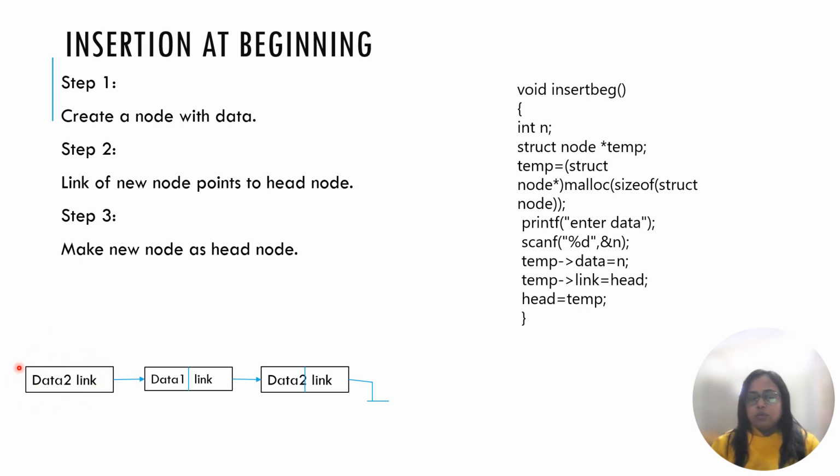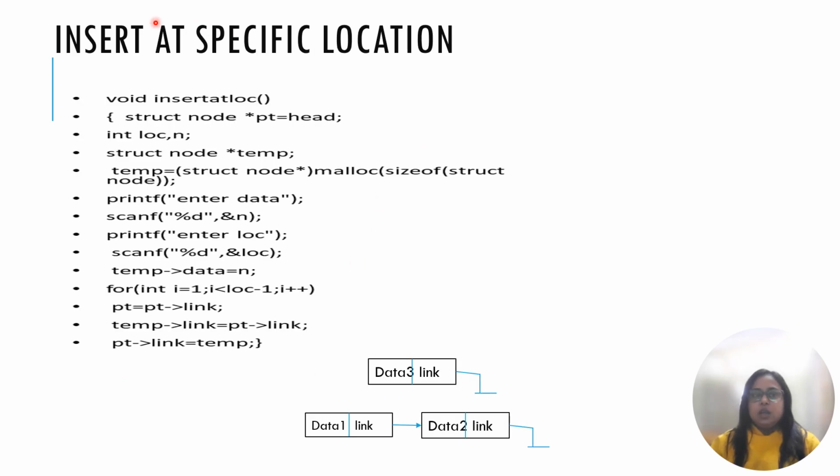Head equals temp, this is basically the temp node, so head will point to this node. So obviously this node will be our beginning node, meaning we have inserted a node at the beginning of the list.